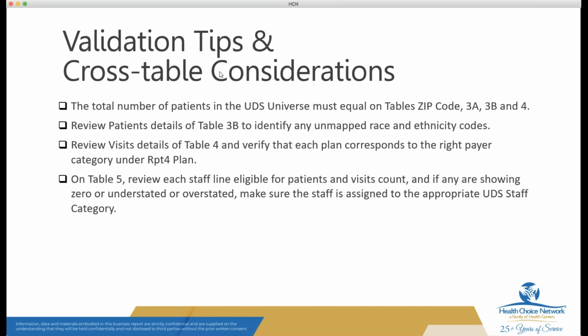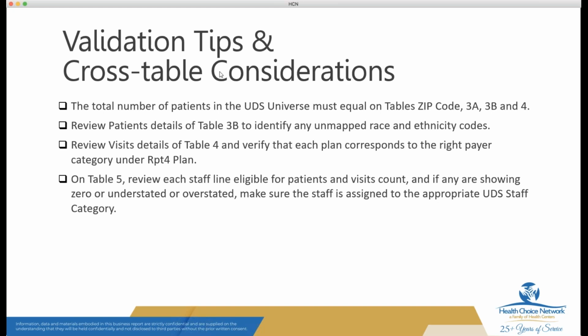First, when you run your UDS summary, the first thing you would do is generate the UDS scorecard, and then make sure that the total number of patients in the UDS universe is the same across the zip code table, 3A, 3B, and 4.